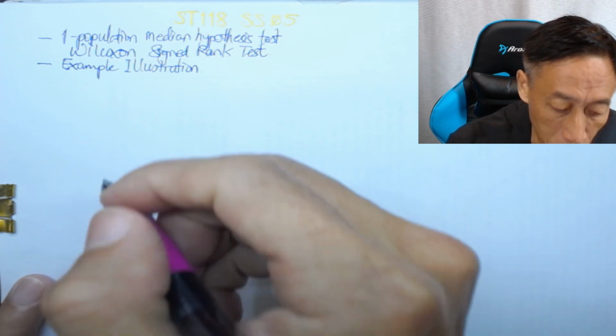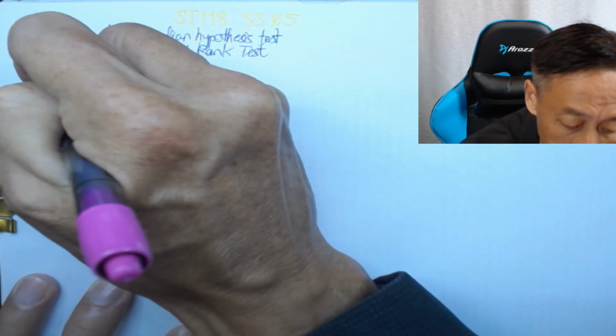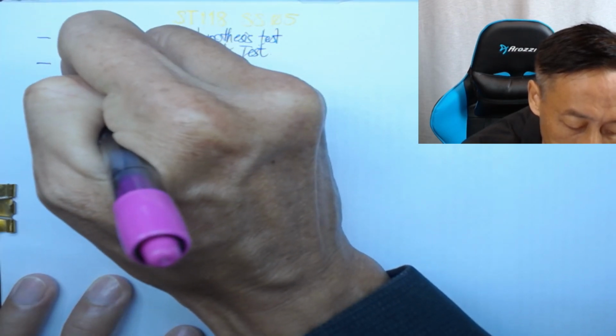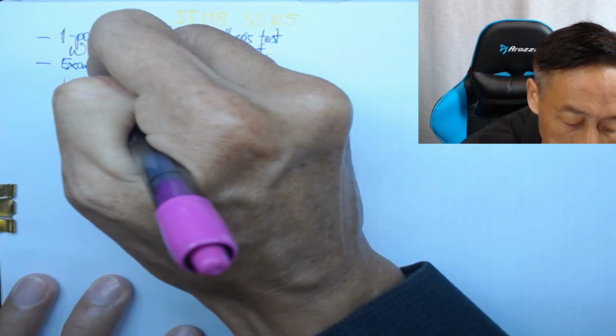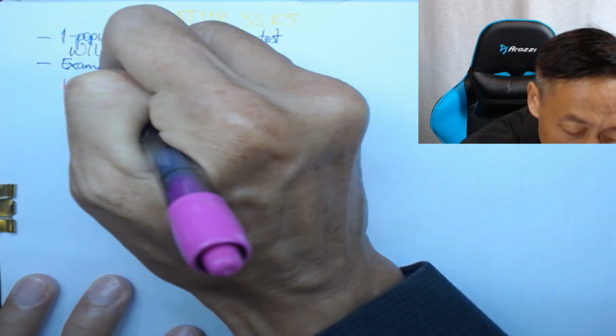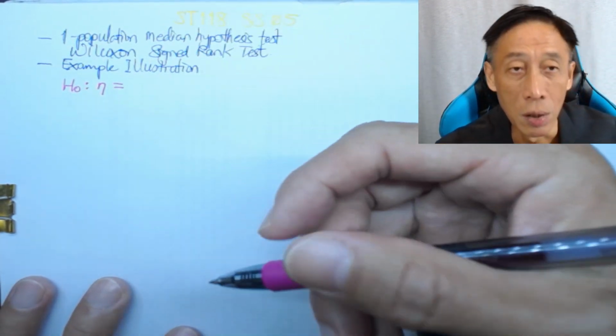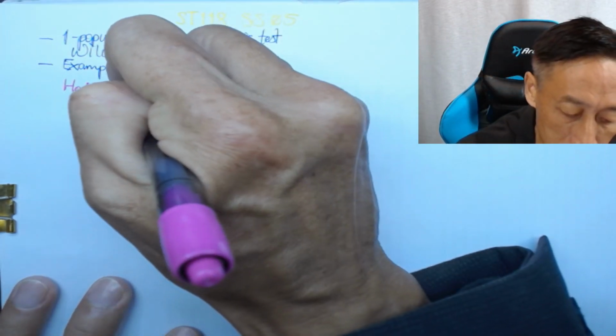So our hypothesis will be H naught: eta is equal to, normally we'll put 0, but I will just illustrate with a non-zero example such as 5.